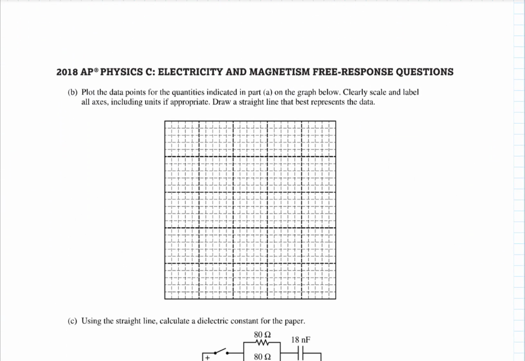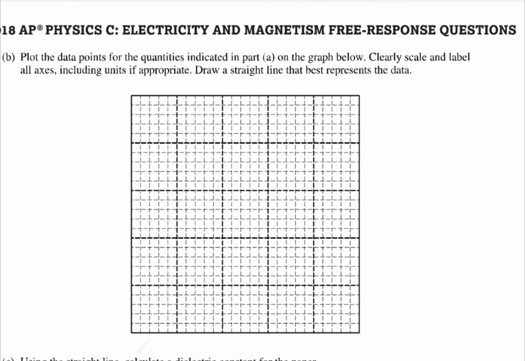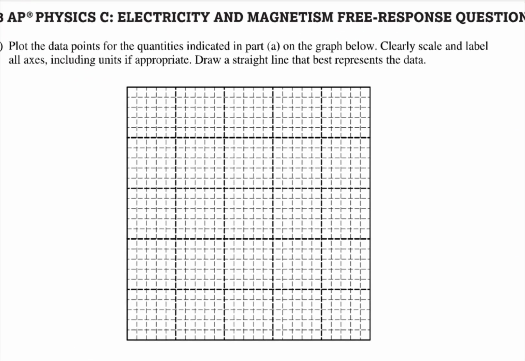Plot the data points for the quantities indicated in Part A on the graph below. Clearly scale and label all axes, including units, as appropriate. So, let's say you didn't know what to graph in Part A. In Part B, as long as you stay consistent with what you said in Part A, you're going to get almost all of the points for this graph.